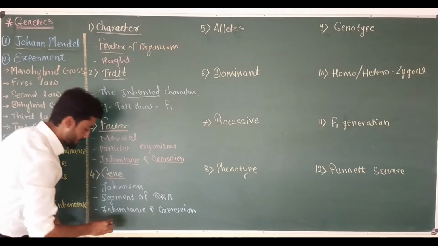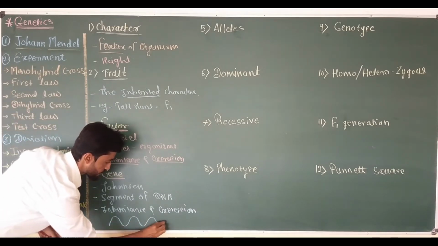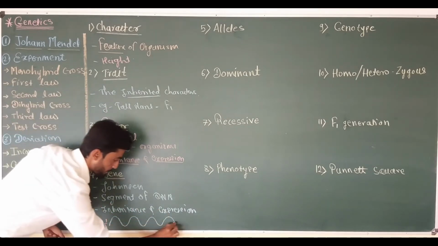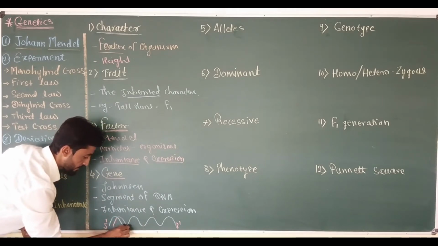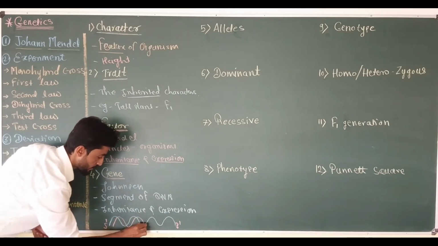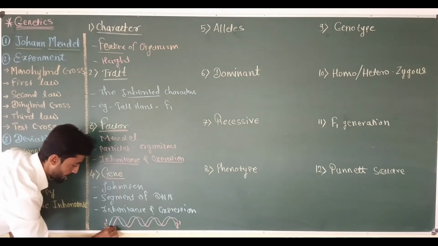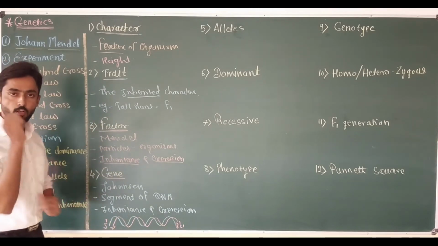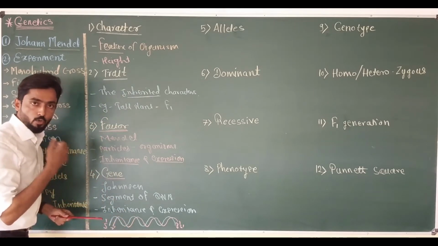For example, if I draw a double stranded DNA structure here, this is strand 1, which runs in the 5 prime to 3 prime direction, and the anti-parallel strand, which runs in the 3 prime to 5 prime direction. This is the Watson and Crick model of the DNA. Now the DNA has nucleotide base pairs.